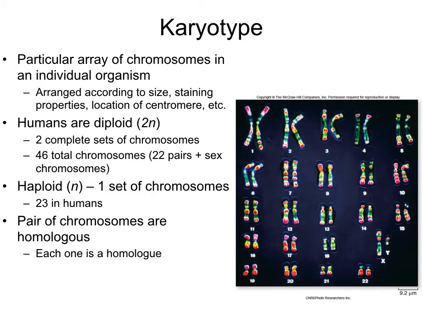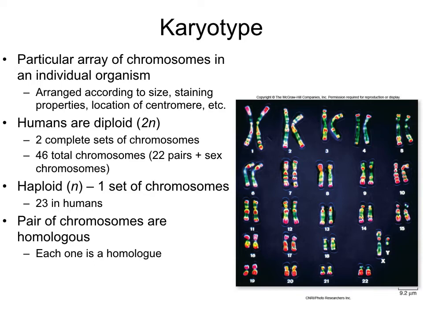They get half their chromosomes from their mother, half from their father. So we have two versions of chromosome 1. Chromosome 1 will carry genes for a certain set of traits, and we'll have one version of those genes from our father, one from our mother. So a karyotype shows us this picture. It's stained and arranged according to size.